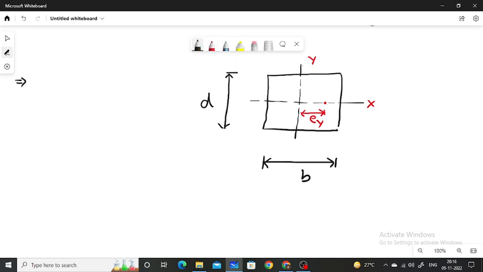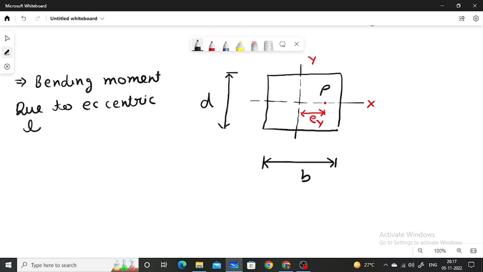Here the load is P. So the bending moment due to the eccentric load will be equal to the load into the eccentricity.